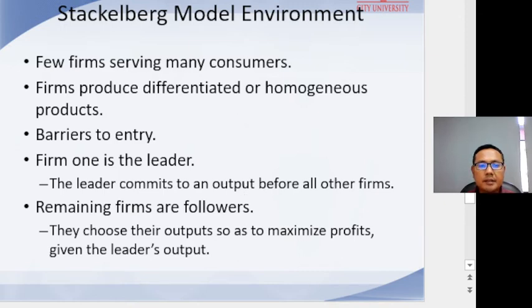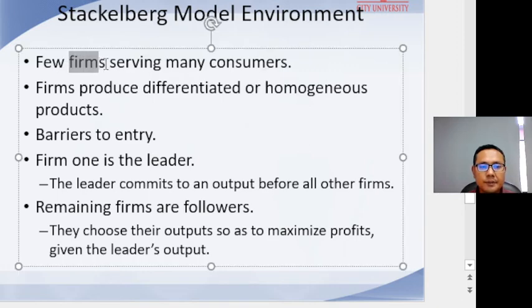An industry is characterized as a Stackelberg oligopoly if there are few firms serving many consumers, firms produce differentiated or homogeneous products, and there are barriers to entry.